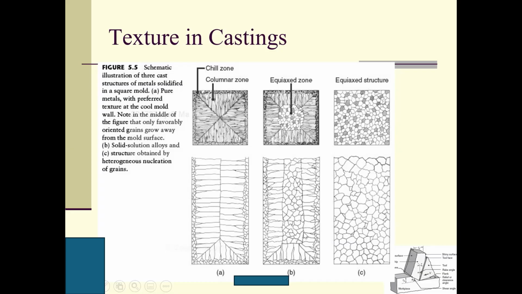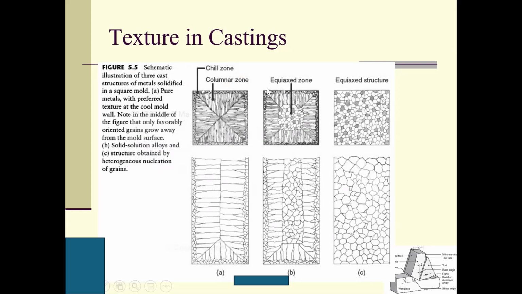For B, the solid solution alloys, we can see clearly in the middle we will have an equiaxed zone. But for the other four areas, we have different favorable orientations. Can somebody tell me why? Still the cooling rate, right?